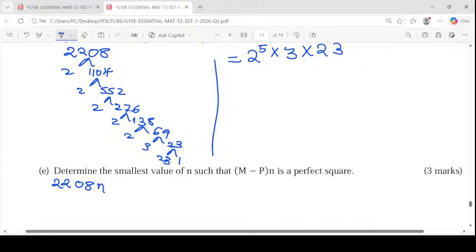Remember, a perfect square is a number that you can easily get its square root. A number that you can easily get its square root is what we call a perfect square.